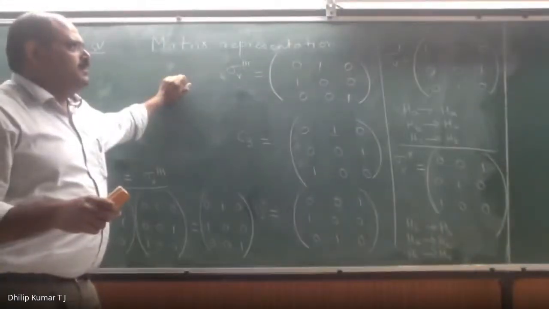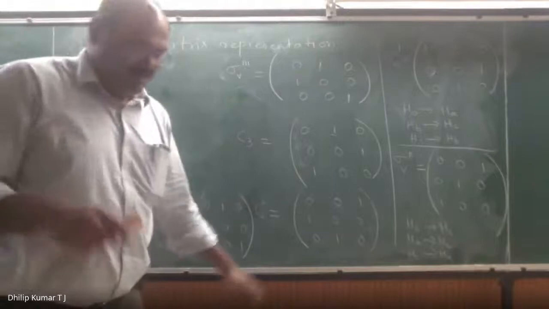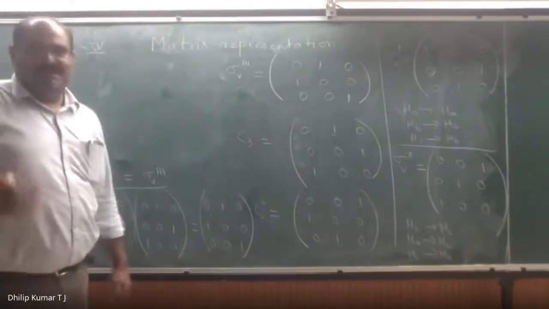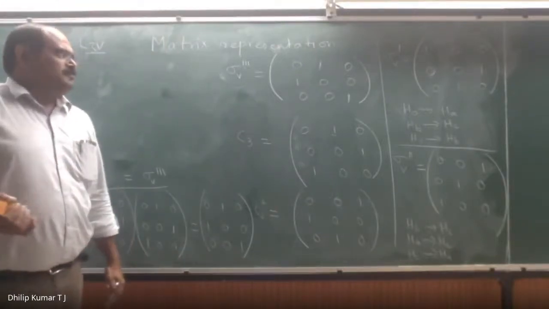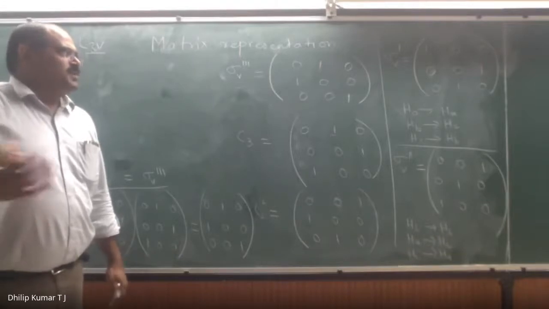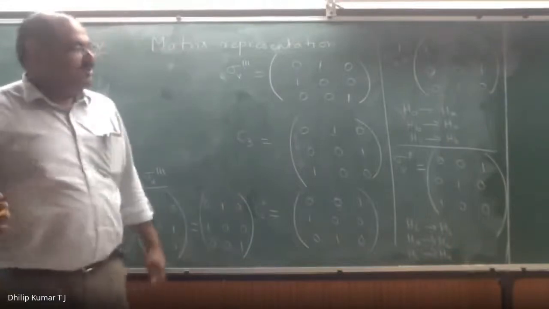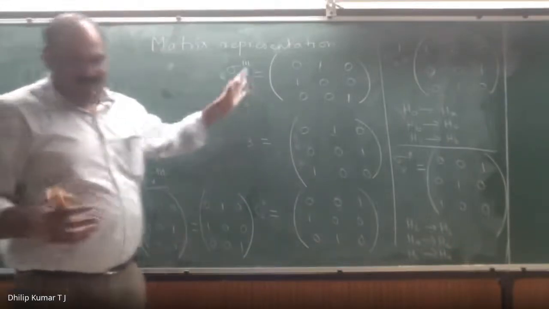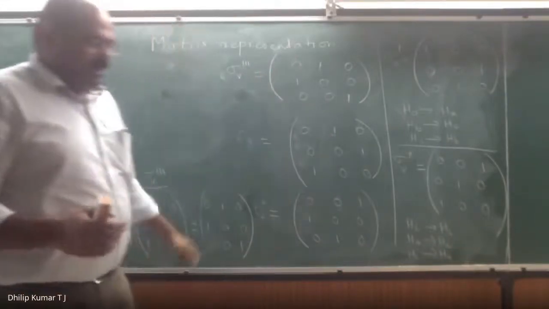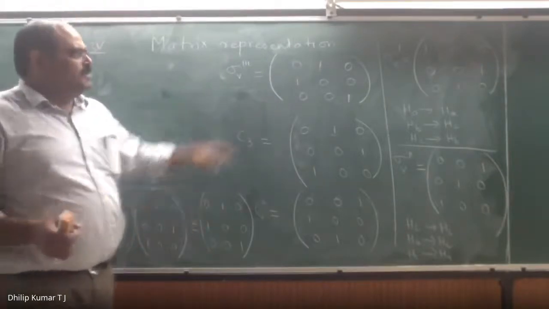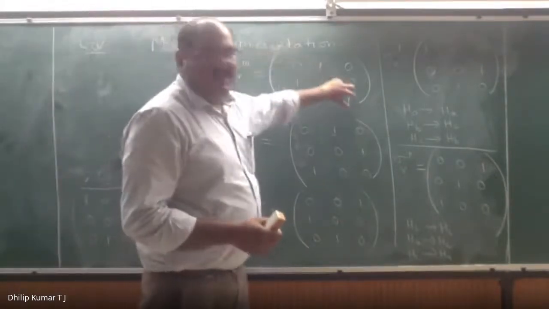After that, we write in terms of a representation or reducible representation. And then we use what is called a similarity transformation. By doing similarity transformation, we convert these matrices into block diagonal matrices where the elements will be only along the diagonal.